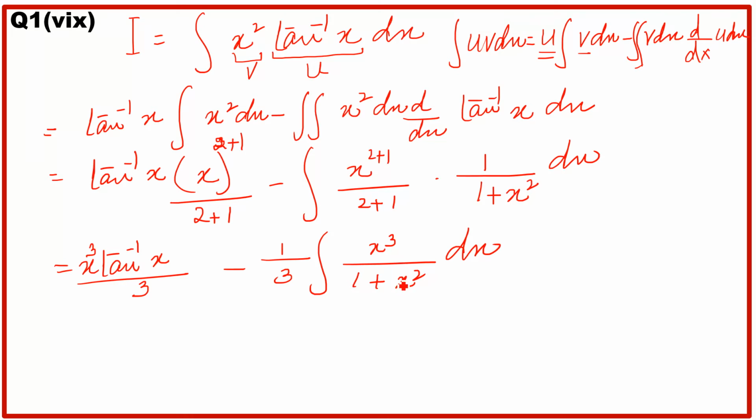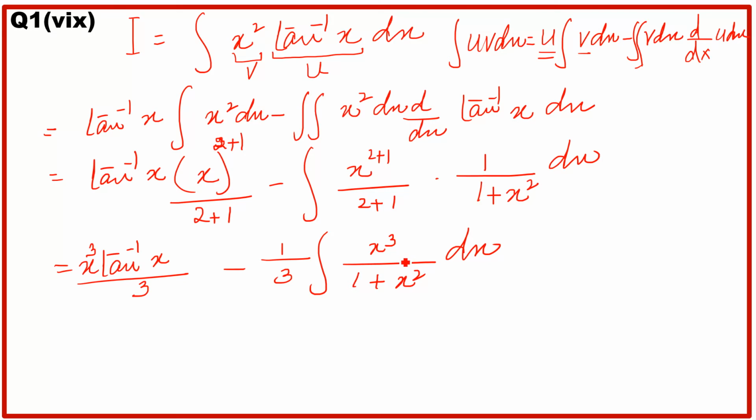So this is a fraction, and I told you that in the numerator we should have the derivative of the denominator. The derivative of this expression should be 2x, and we do not have that in the numerator. In the numerator we have the variable x cube, and the denominator has x square. If the power of the variable in the numerator is greater than or equal to the power in the denominator, then we have to reduce this power.